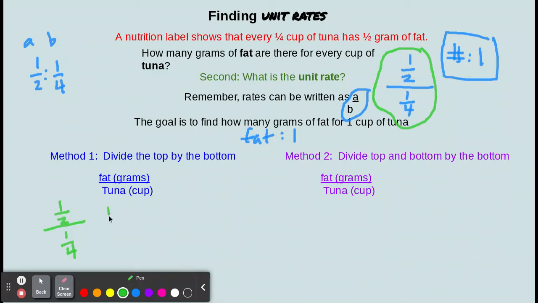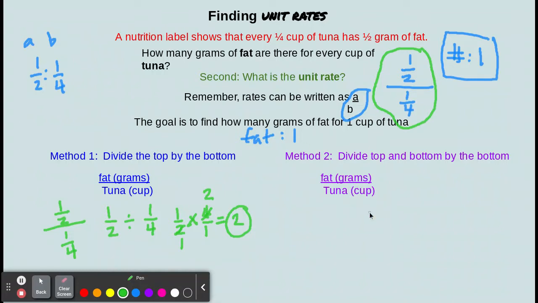So divide the top, 1/2, divided by 1/4. That's the same as 1/2 times 4, which is the same as 2. So there are 2 grams of fat for 1 cup of tuna.